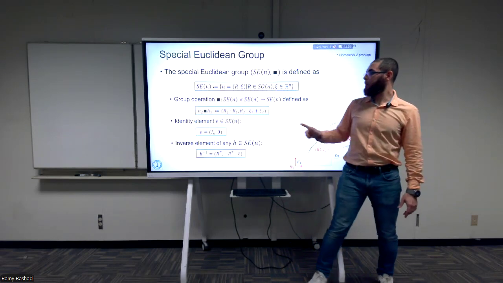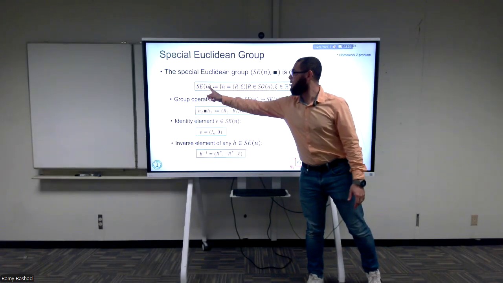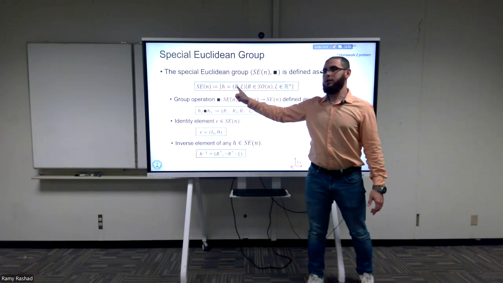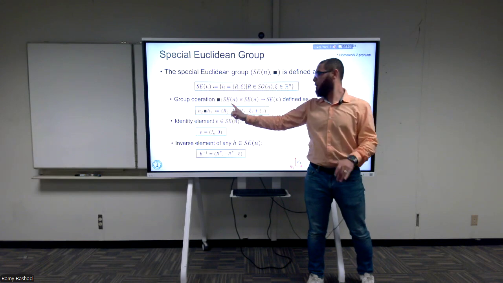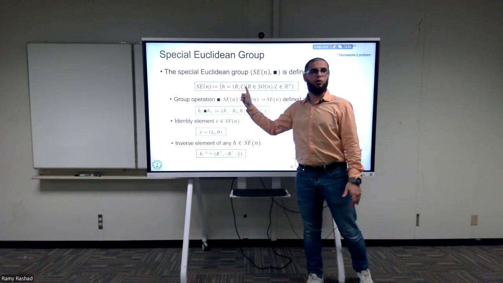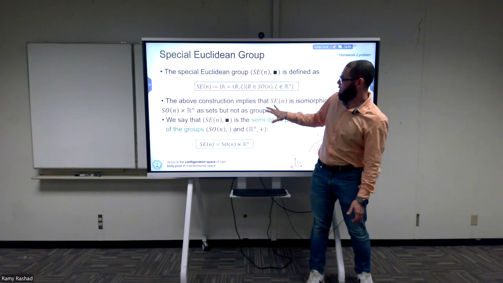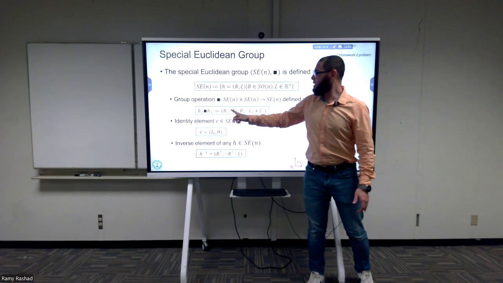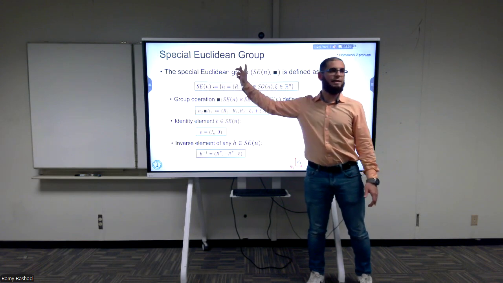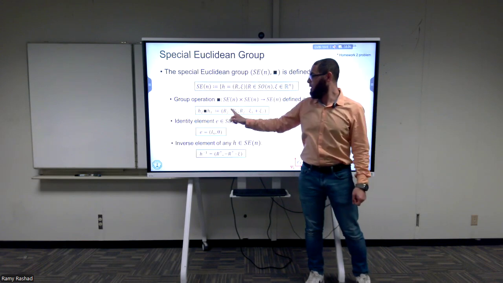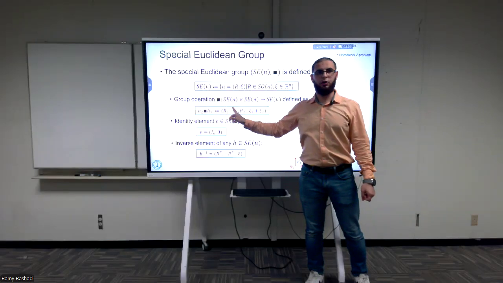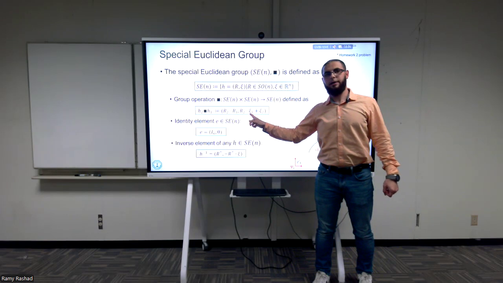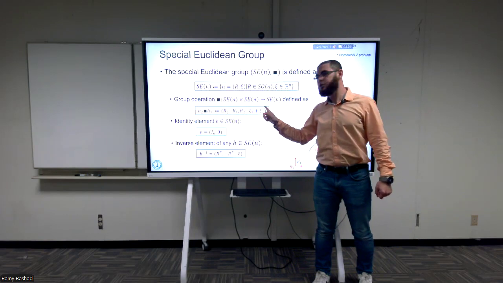If I take two elements of SEN, H1 and H2, where H1 is equivalent to R1 and psi1, and H2 is equivalent to R2 and psi2, then the group operation of SEN between these two elements will give me the matrix multiplication of R1 and R2 in this order, and R1 will be multiplied by psi2, and we're going to have an addition of psi1.